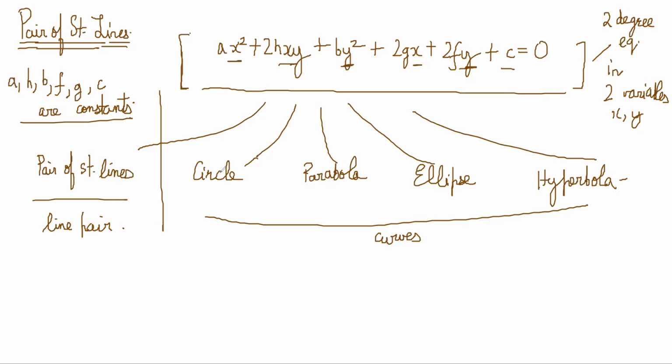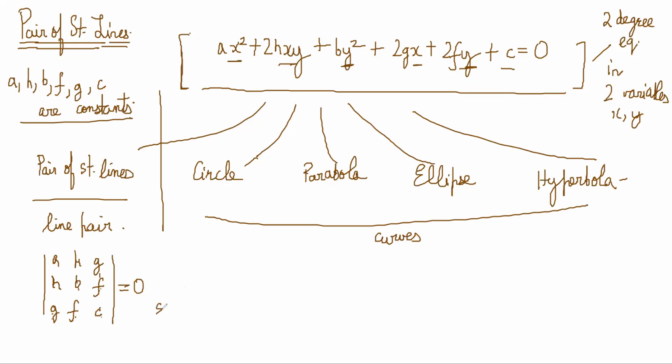So what we will derive is a condition. The condition is this discriminant is 0. Notice that this is a nice discriminant: A H G, H B F, G F C, right?